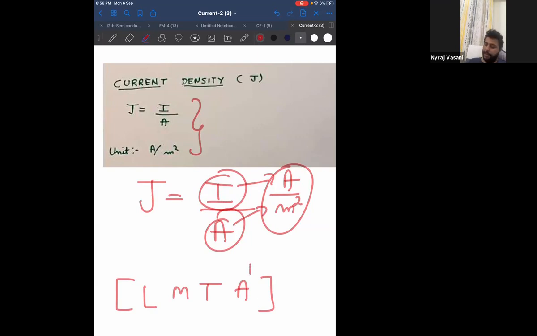Ampere means A to the power 1, meter square means L to the power minus 2. So L to the power minus 2, A to the power 1. Got it?